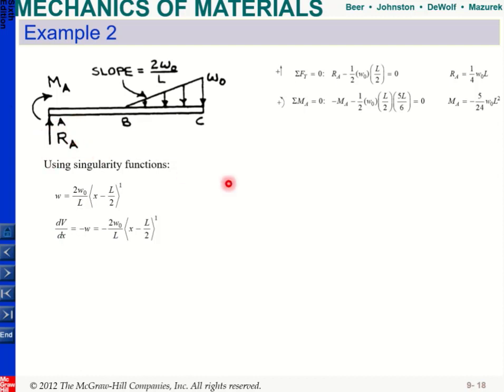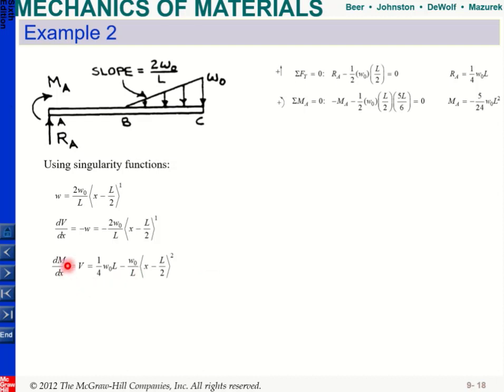So when you want to find your V, I just need to integrate W. And when you integrate your W, I will just integrate this term, but plus, since I have RA, I also need to add that one. So since RA is one-fourth W naught L, I just put it there because it's applied at x is equal to 0, and I just add the integration of this term here.